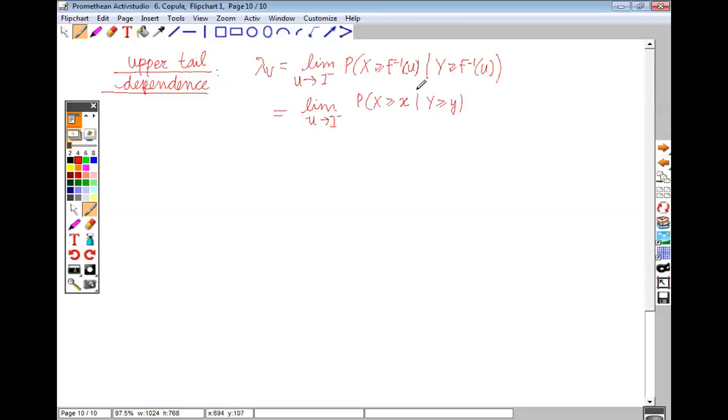And again I use my Bayesian formula, and what I will get is the probability that my x takes a value higher than x, comma, the probability that my y takes a value higher than y, upon the probability that my y takes a value higher than y. Does it make sense so far? Okay. So now what I have to do is use something here.